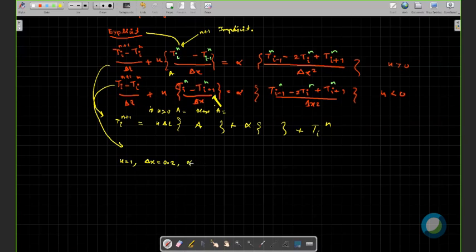Alpha is given, say it is 1. I am not writing units, and total length is 1 meter, or I'm just writing it in a non-dimensional way. And total time for which you have to do this simulation is 3. Okay, I'll proceed for this particular problem. Now these are the given things, and you have been asked to find out these values.